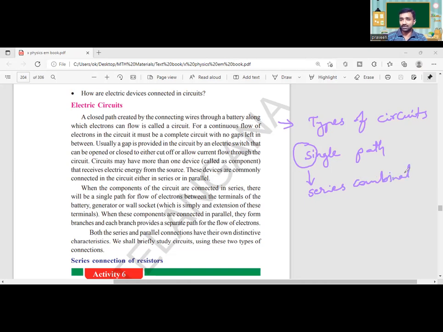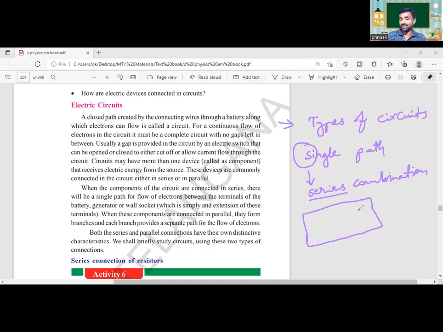Series combination means all the electric components are connected in series when you observe one point. All the terminals of the electric components are connected using a single wire, only a single path, right?